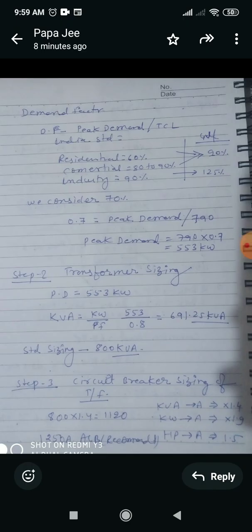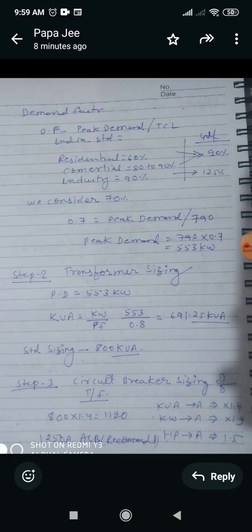Before doing the transformer sizing selection, we need to understand the demand factor. The demand factor is different for each segment: residential, commercial, industrial. If we are living in India, for residential we consider 60%, commercial 80 to 90%, and for industrial more than 90%.